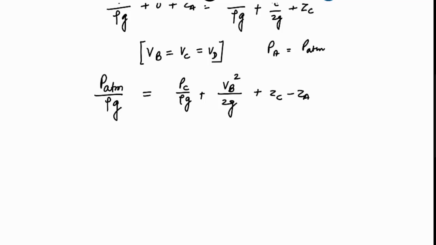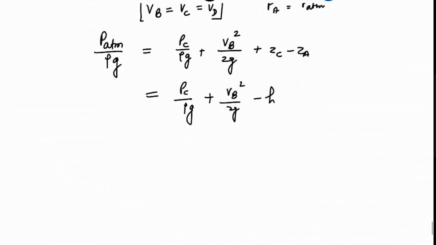Anyone? This distance is equal to? Small h. A small h, good. So this is ZA minus ZC is equal to a small h.